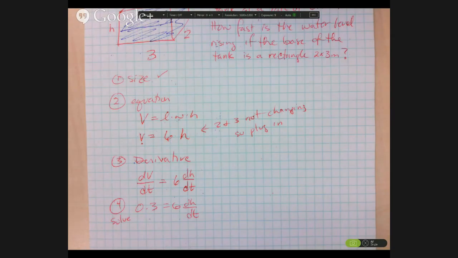Look at your derivative, Corey. Is there a height in there? Is there a height in the derivative? An H. There's no H. That's what we're looking for. What's 0.3 divided by 6?